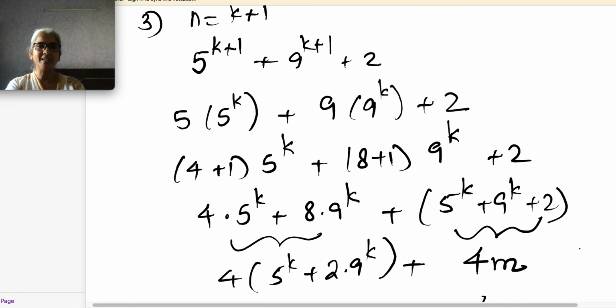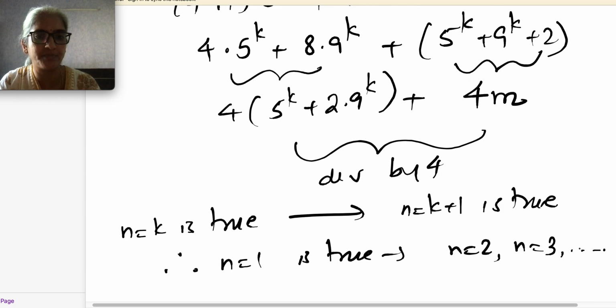Here what is important is a little bit of knowledge of arithmetic or algebraic manipulation, that is, how do I group terms, recognizing what I have for n equal to k is true, what is it giving me, and being able to do those kinds of changes is the most essential skill in mathematical induction.